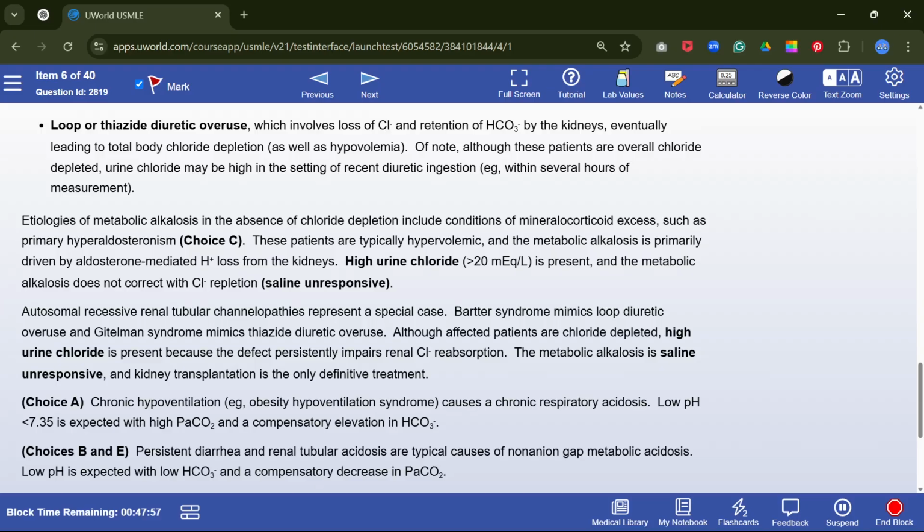Although affected patients are chloride depleted, high urine chloride is present because the defect persistently impairs chloride reabsorption. The metabolic alkalosis does not correct with chloride repletion.